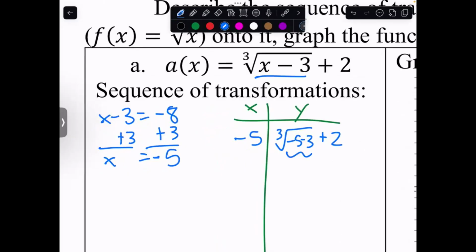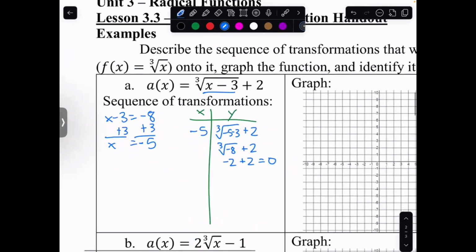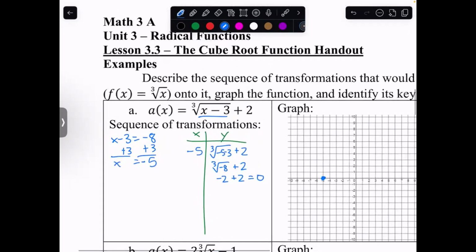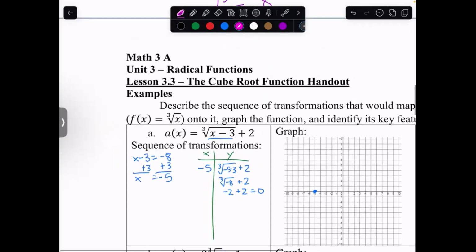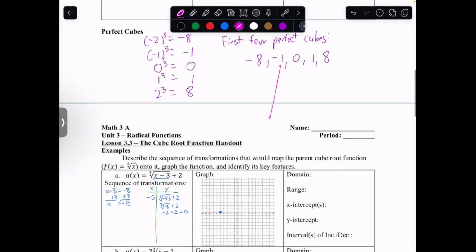On the inside, -5 minus another 3 is -8. Cube root of -8 is -2. -2 plus 2 is 0. So -5 comma 0 will be a point. Now set the inside equal to the next perfect cube. We want the inside x minus 3 to turn into -1.